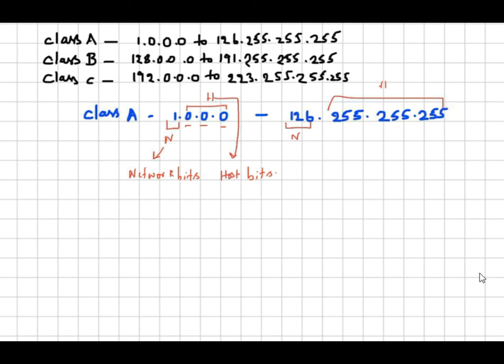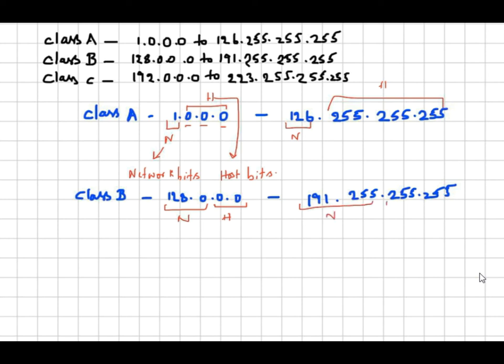Again in class B address, the range is from 128.0.0.0 to 191.255.255.255. Here the network portion is the first two portions and the remaining two portions are the host bits.